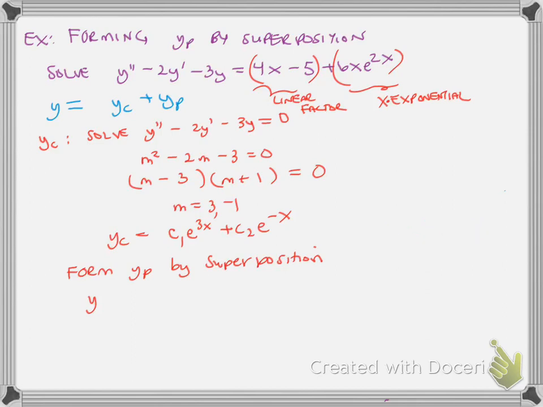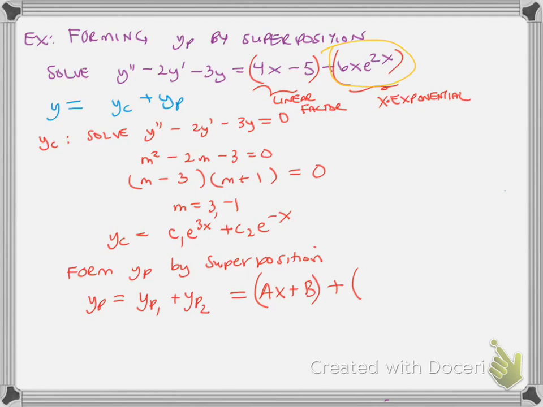So y sub p, we're going to break that down into y sub p1 plus y sub p2. We're going to bring it all together, of course, but that's how we want to look at it. The setup for the linear factor is just going to be ax plus b. Then plus y sub p2, that's this right here.